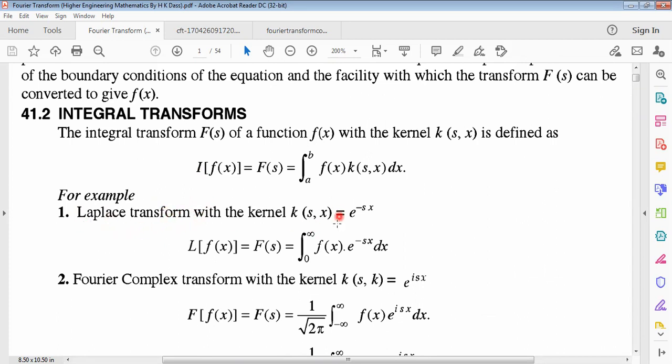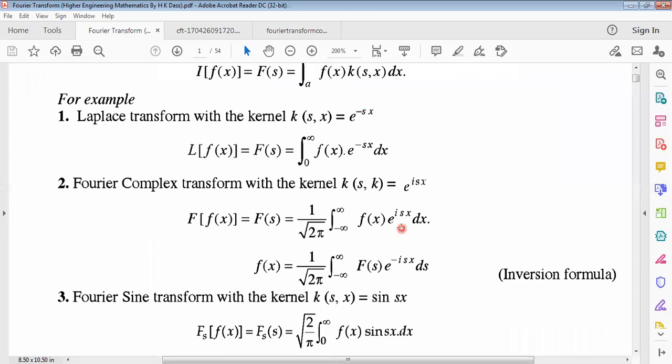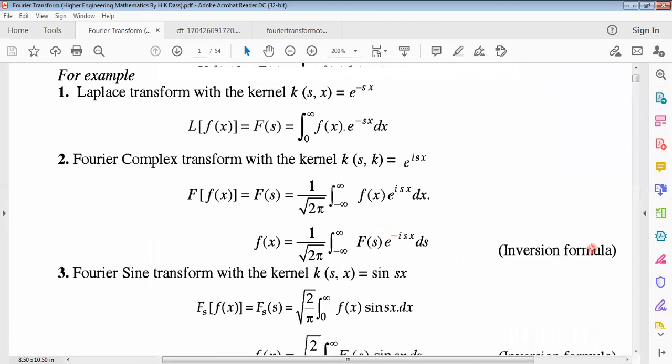For the Laplace transform the kernel function will be e to the power minus sx, and for the Fourier complex transform the kernel will be e to the power isx. And the inverse formula will be f(x) equals like this. This is the main Fourier complex transform, and this is the inverse Fourier complex transform.